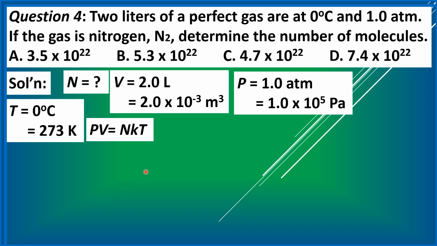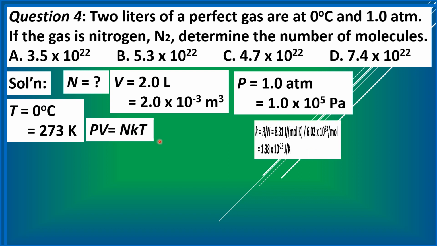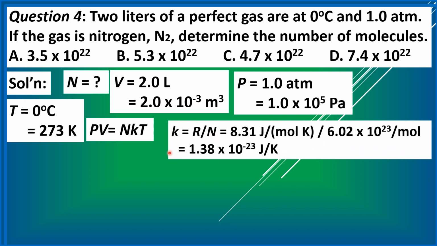So, this formula, PV is equal to capital NkT, is one version of the ideal gas law equation. Alright? In this formula, the constant k, which is known as the Boltzmann constant, is the ratio of the universal gas constant capital R to the number of molecules corresponding to Avogadro's number.